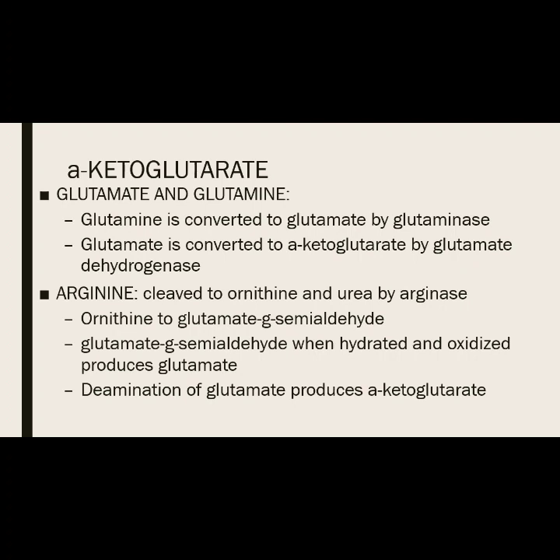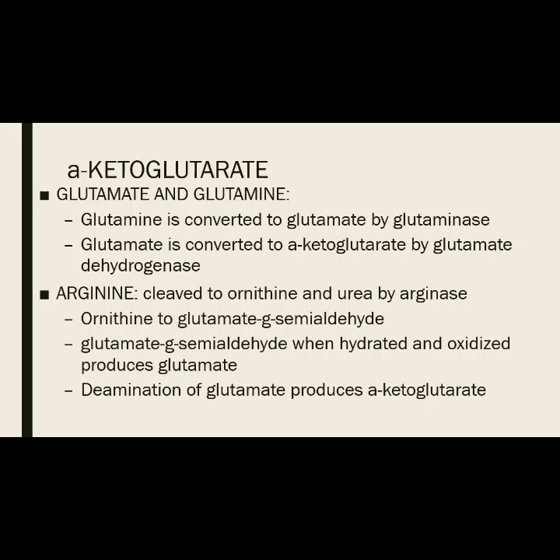When you subject this to hydration and oxidation, your glutamate gamma-semialdehyde will produce glutamate. When your glutamate undergoes deamination by transamination or by oxidative deamination, it will produce alpha-ketoglutarate. And the other product, urea, is of course excreted out. It goes into the circulation, is filtered out, and then eliminated by the urine.